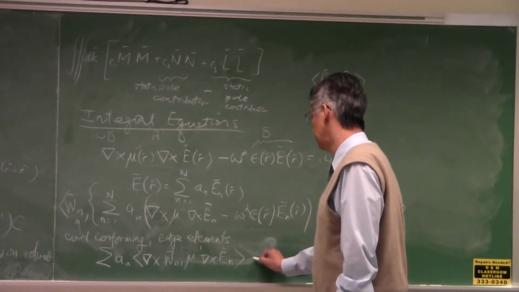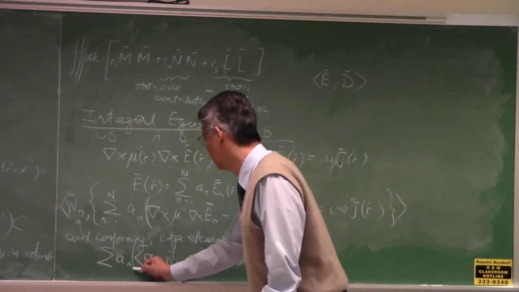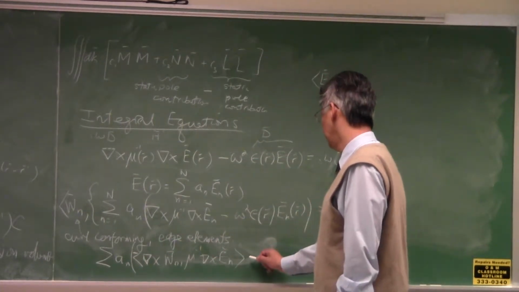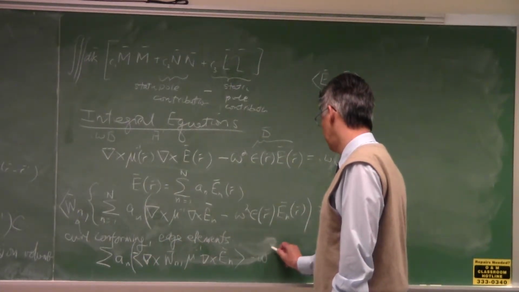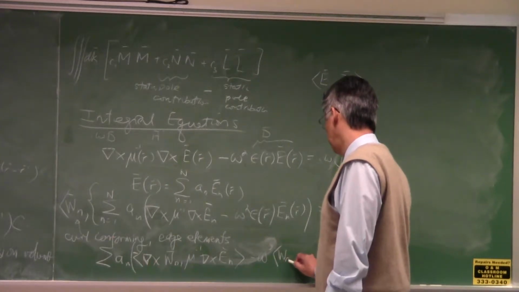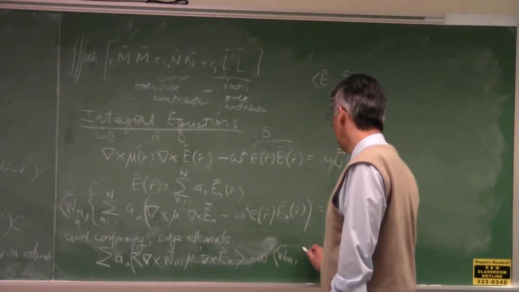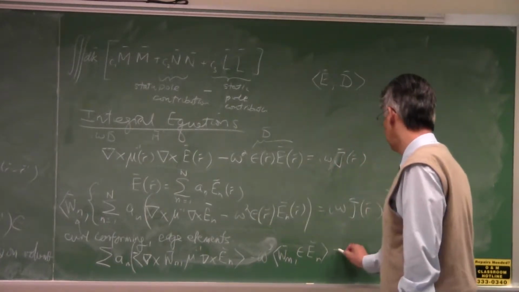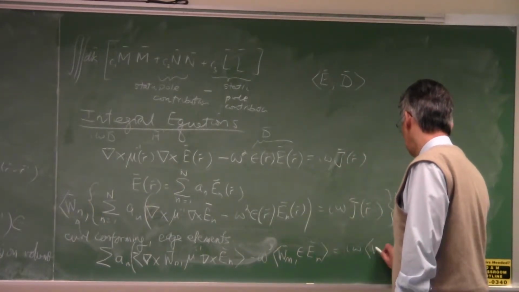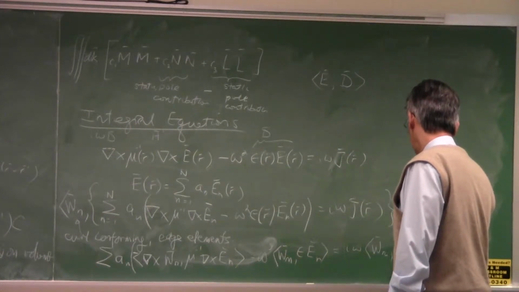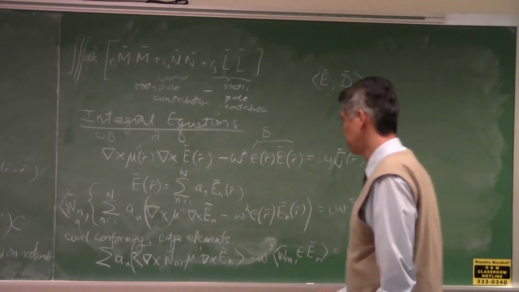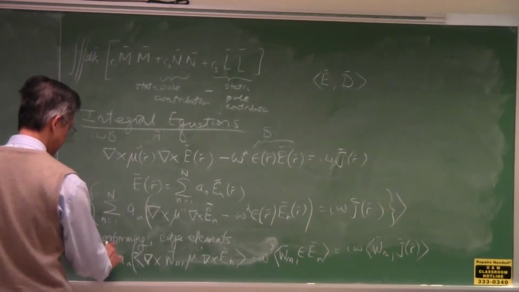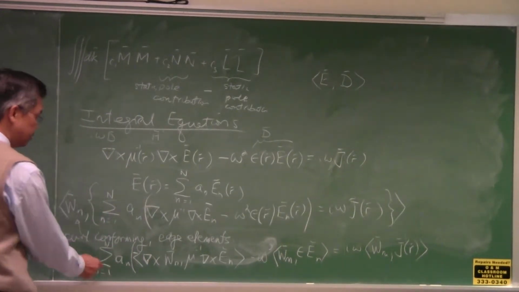And then the second term is just, there should be a minus sign here when you do integration by parts. And then the second term is just omega squared W n epsilon E n. And then on the right hand side is just i omega W n, J, for n equal to 1 to N.